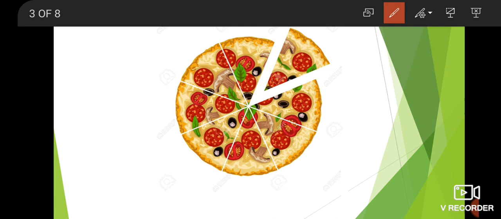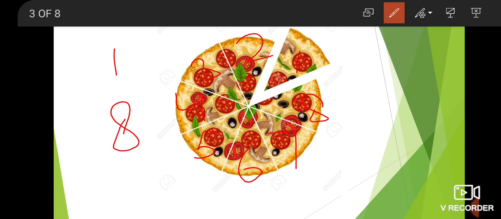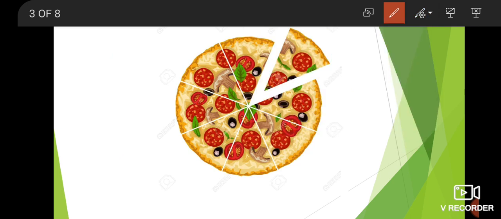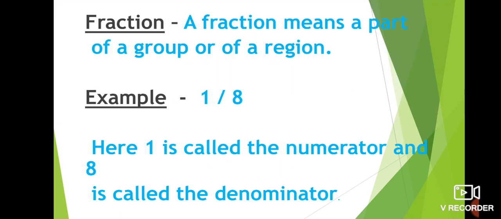So this is 1 2 3 4 5 6 7 and 8. Total pieces are 8, and one piece is taken out, so we write here 1. So the fraction of this piece becomes 1 upon 8. Here 1 is called the numerator and 8 is called the denominator.